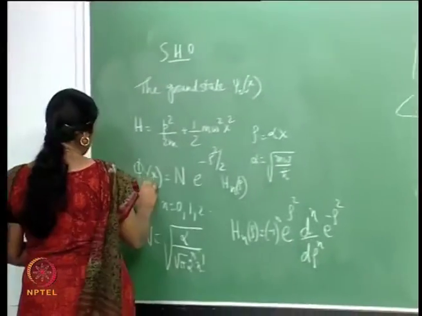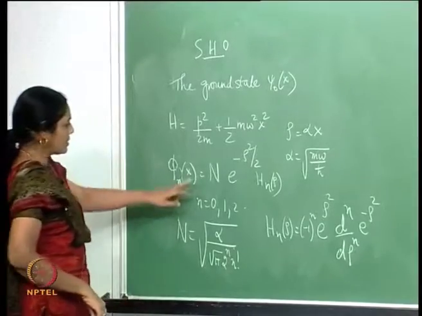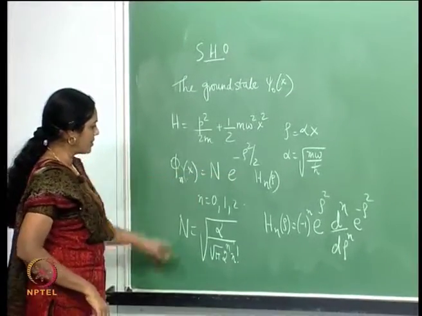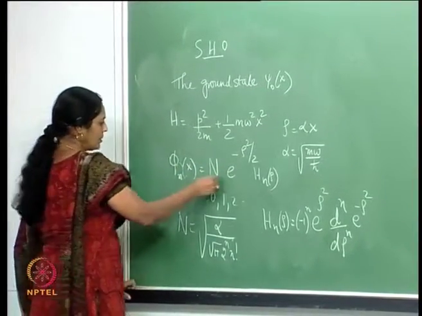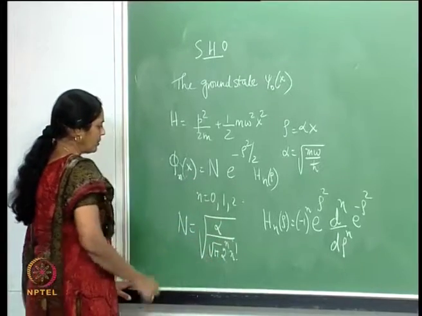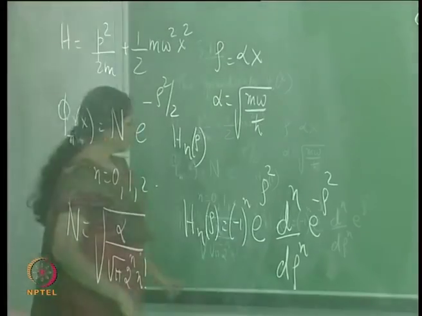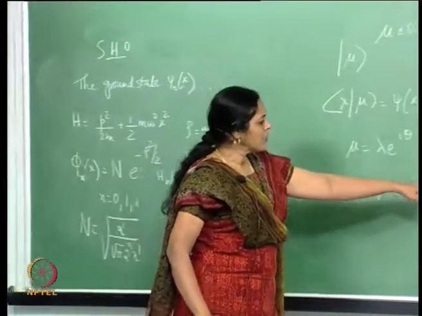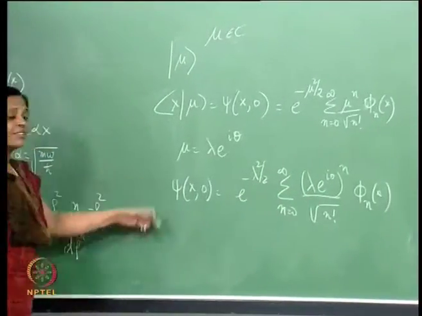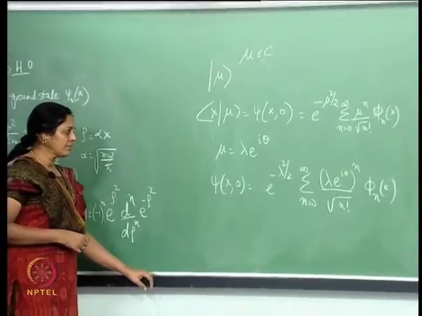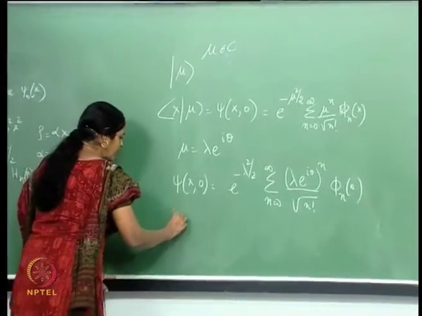This is the nth eigenstate phi n of x. This is a normalization which I have put on here. So I can well substitute for all these objects and I will get psi of x0. Question is, what is psi of xt?